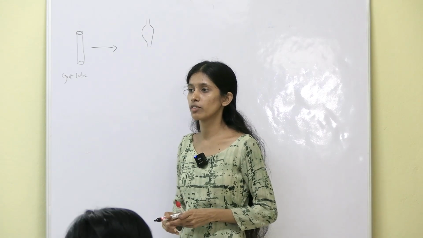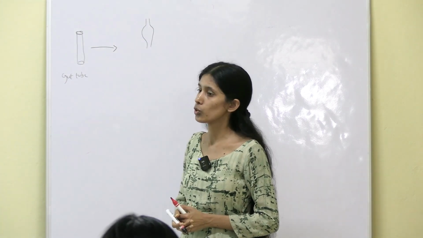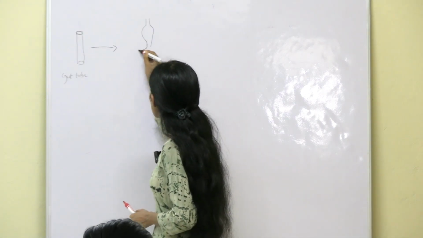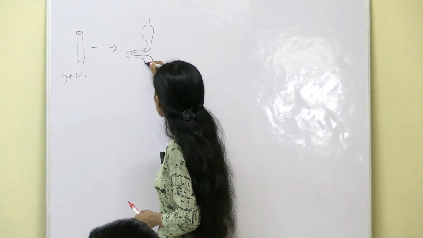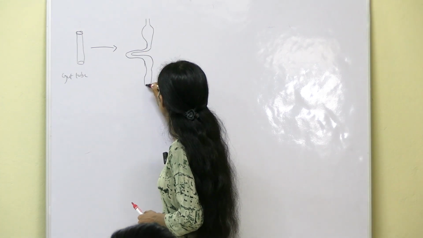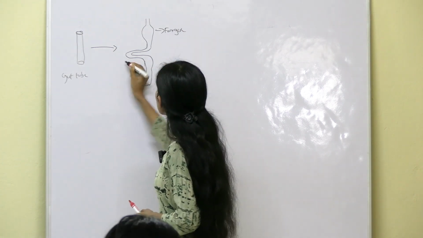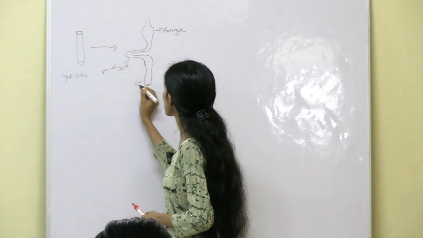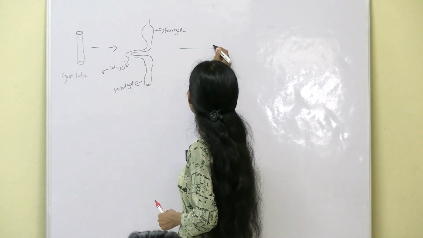To learn the derivatives of your midgut, it is mentioned that the midgut elongates to form a U-shaped primary intestinal loop. Okay. So this is the loop structure formed by your midgut. This is the foregut part, this is the midgut part, and this is the hindgut.